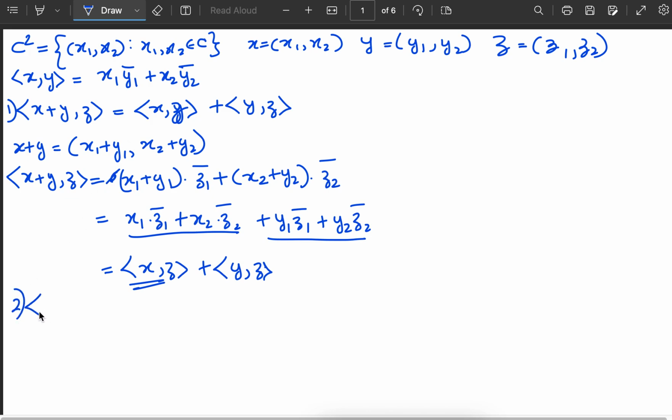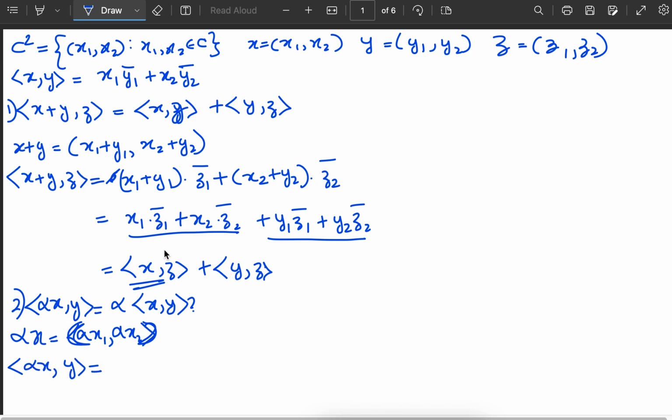Second property is inner product alpha x, y is equal to alpha into inner product x, y. We need to check this property. So x is x1, x2, so alpha x will be alpha x1, alpha x2. So inner product alpha x, y will be equal to, by using this definition, alpha x1 into y1 conjugate.